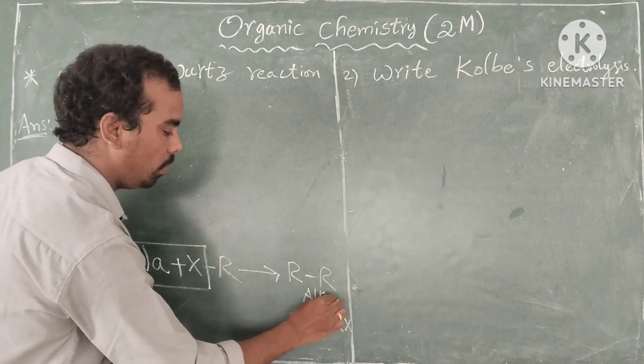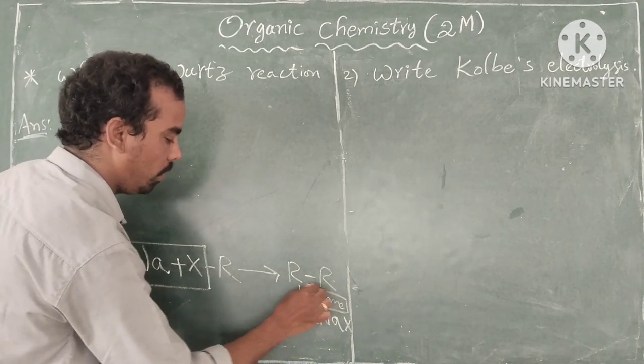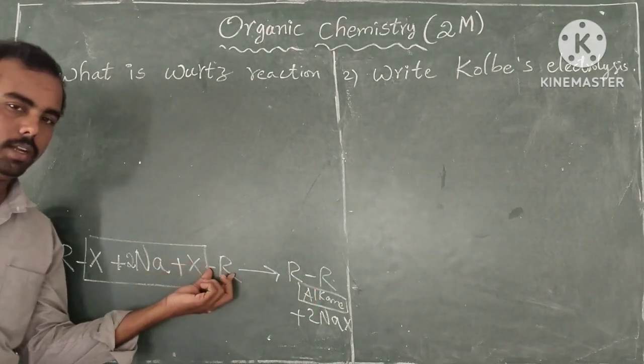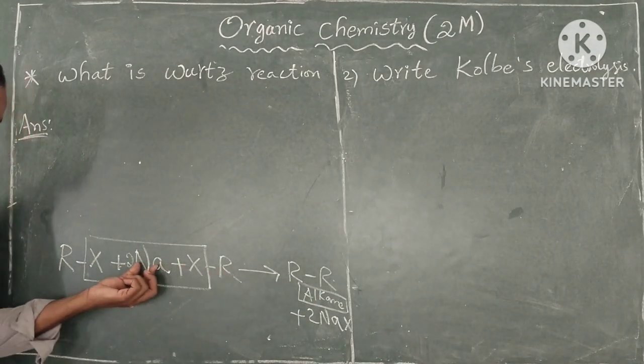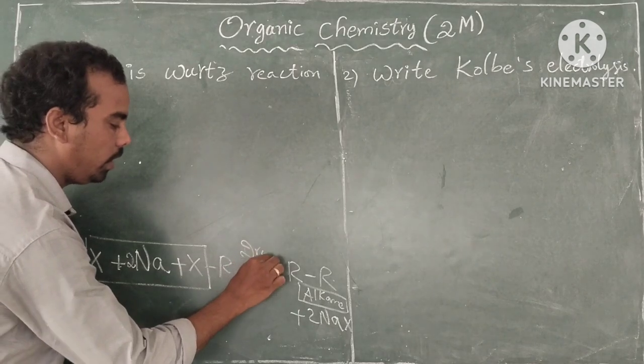So alkanes are formed. Alkane is the major product when alkyl halides react with sodium metal in the presence of dry ether.